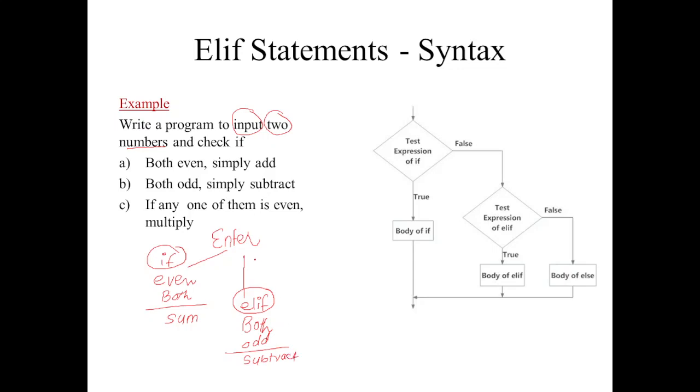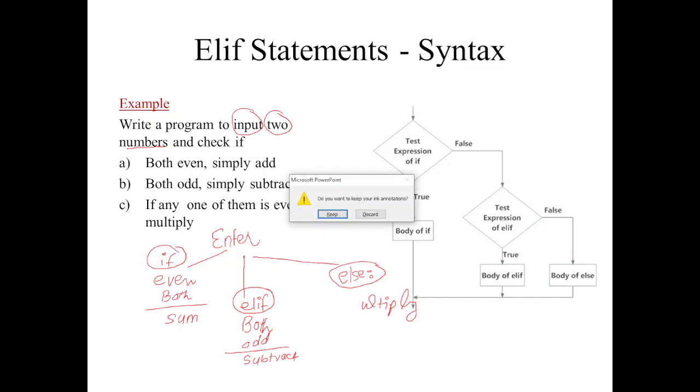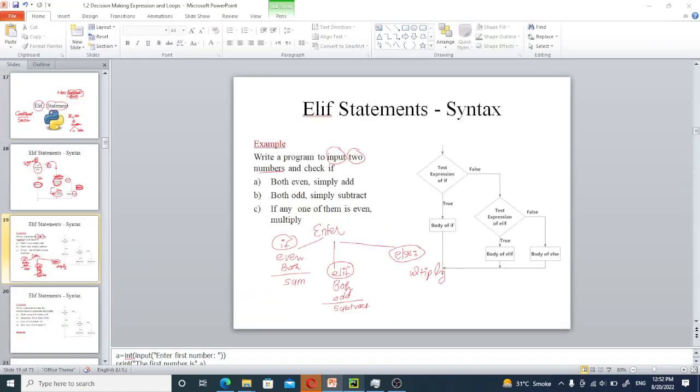And next, if none of the above conditions are true, then the last part of the program will be executed, which is always given with the else keyword, under which we will multiply the two numbers, and in this way we will display the result. So this is how the elif statement works, and we can see it from our program as well.